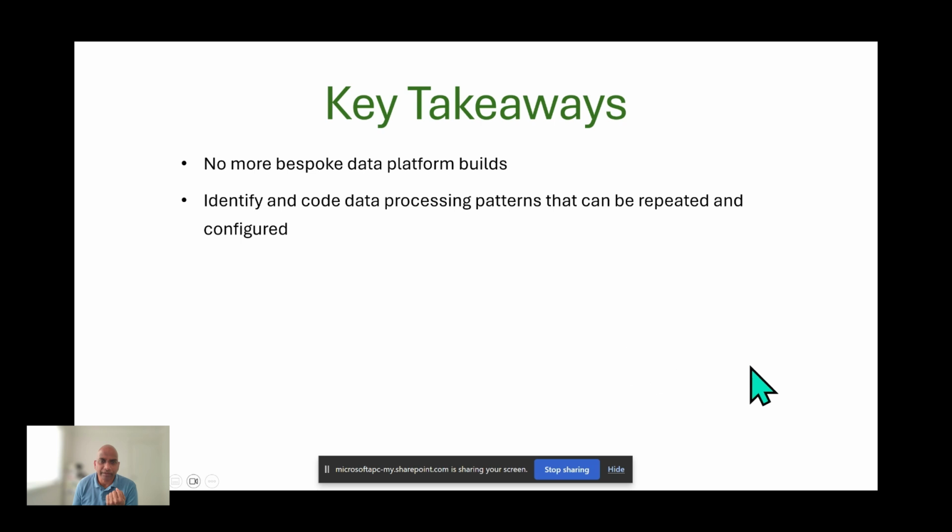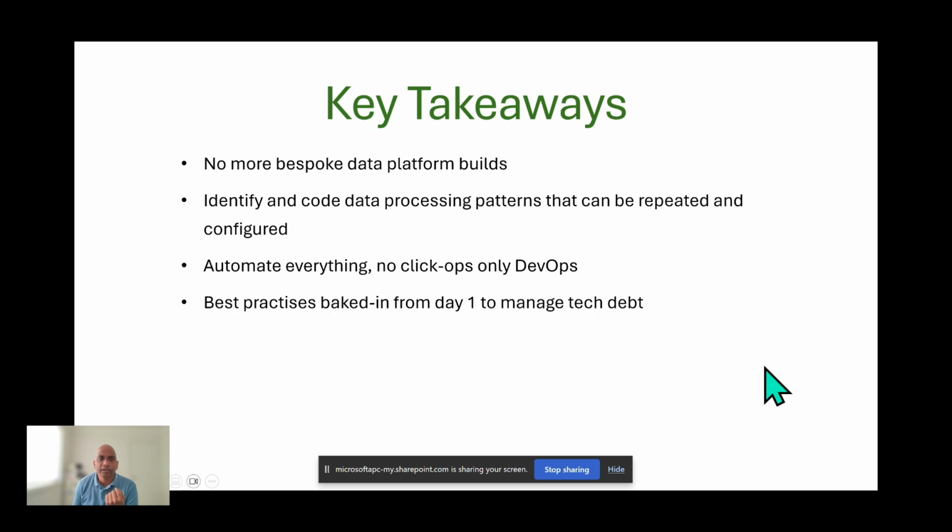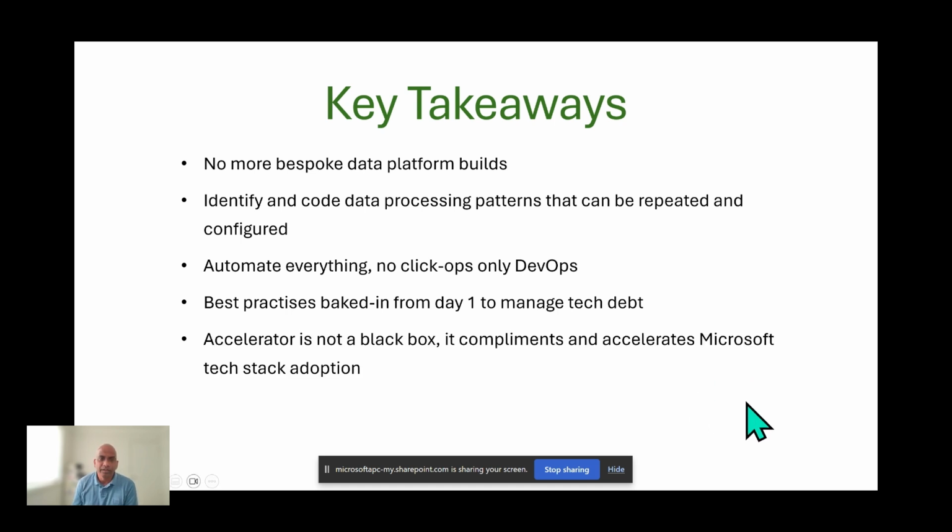Through identifying and coding data practices, and also automating it through DevOps where possible. And because we are working with one of the fastest moving data platforms in today's time, we need to make sure our platform is free from tech debt, and we bake in the best practices from day one.